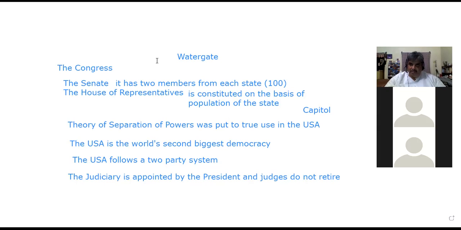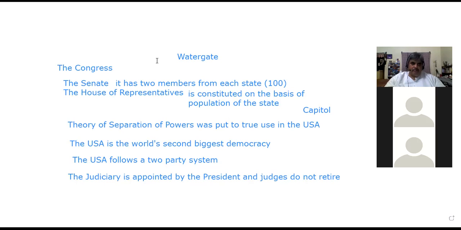But the advantage that Joe Biden has is that the House of Representatives, the lower house, is dominated by Democrats. Okay, so that advantage he has. So that will nullify the advantage that you have with the Senate.